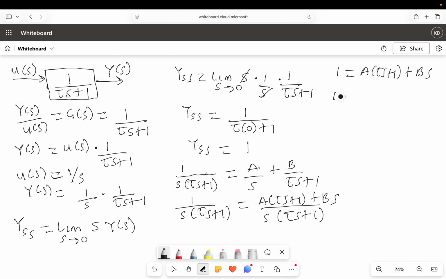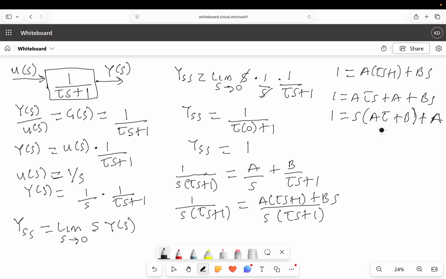So I can open up the bracket. I will have A tau s plus A plus Bs. Collecting like terms, I will have s into A tau plus B, then plus A.